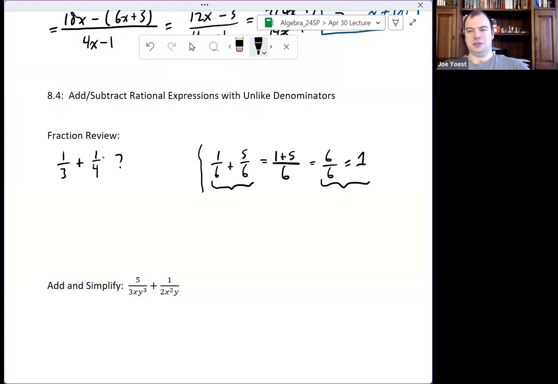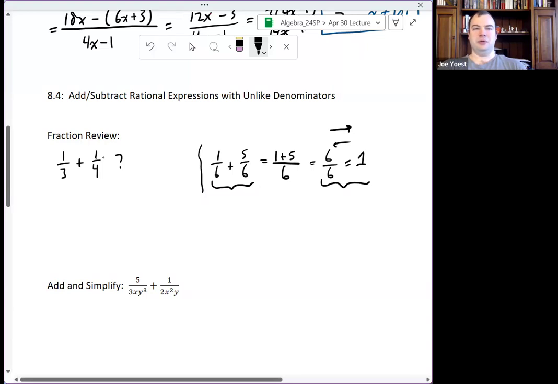So 6/6 is 1, or 3/3 is 1, or a over a I can simplify to 1. I can go this way, but this is an equal sign, so I could also go this way. I could rewrite the number 1 as 6/6, or 3/3, or -2/-2, whatever. I'm going to use both of these ideas here.